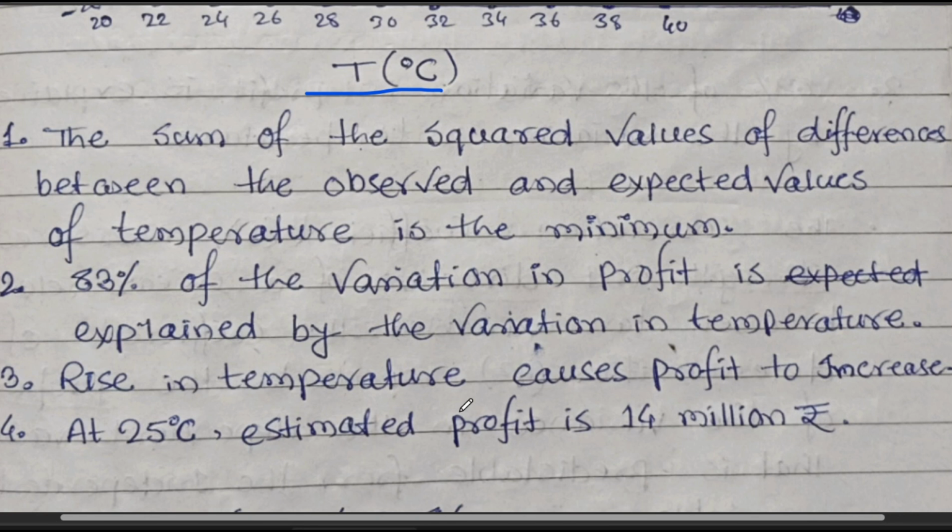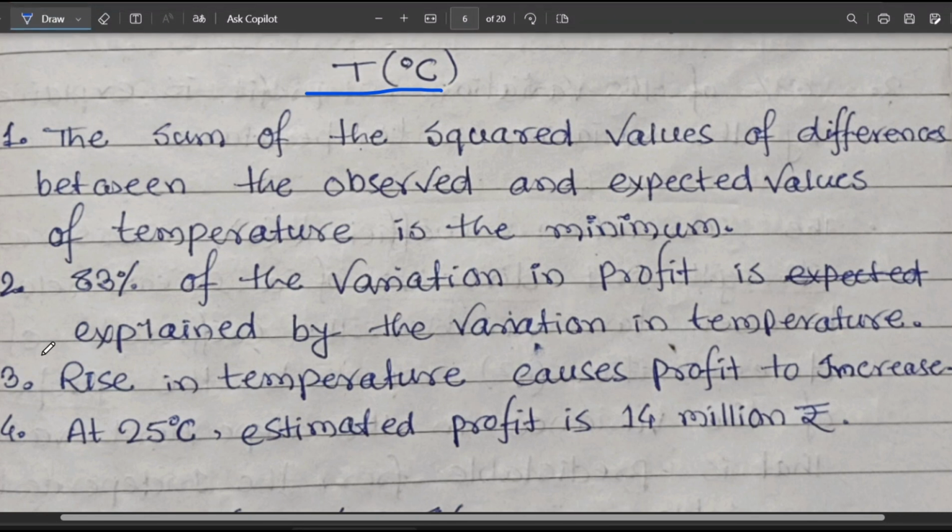Second, 83% of the variation in profit is explained by the variation in temperature. Option 3, a rise in temperature causes profit to increase. Option 4, at 25 degrees Celsius the estimated profit is 14 million rupees.